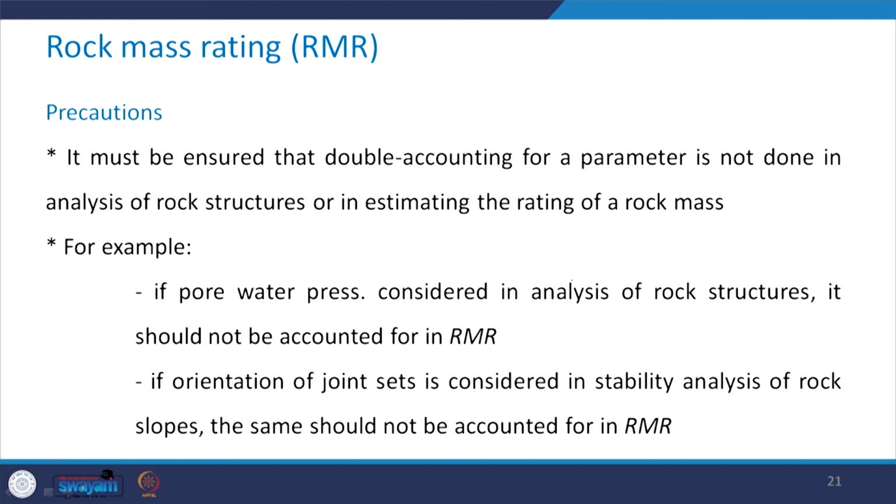For example, if you have considered the pore water pressure in the analysis of rock structure, then this should not be accounted for in RMR. That is, when you evaluate the value of RMR, then you should not bother about the groundwater condition.